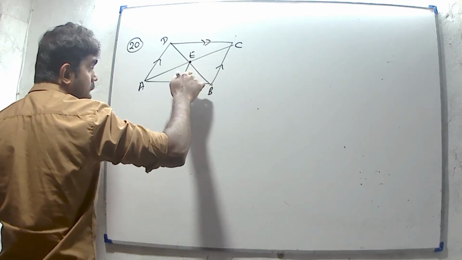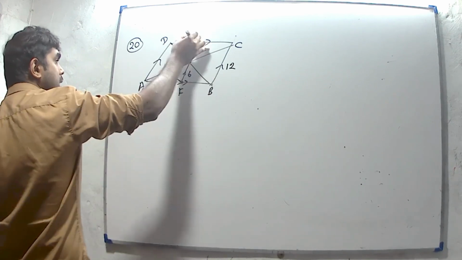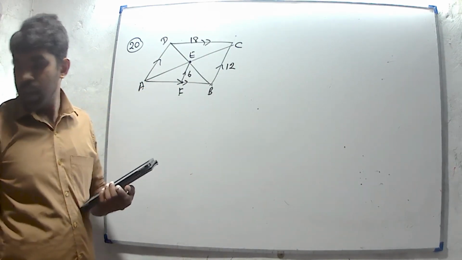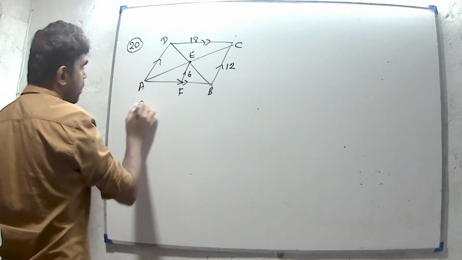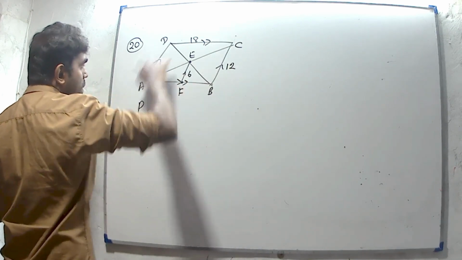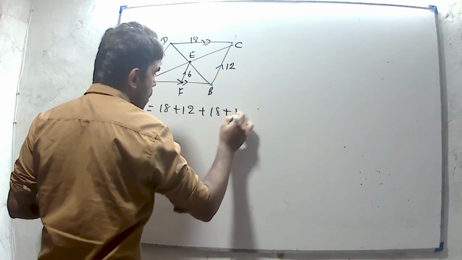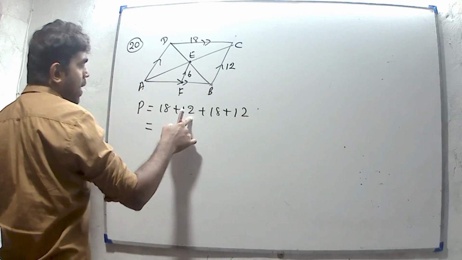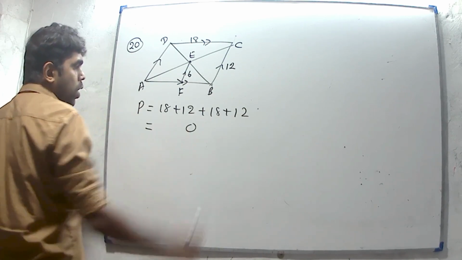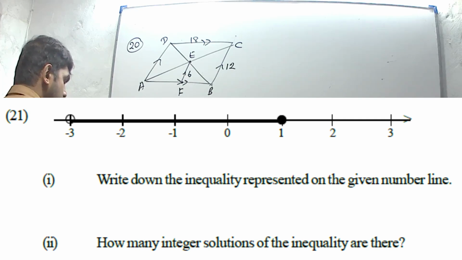Therefore, if this side is 6, this side should be 12. They have given that this length is 18. Then the perimeter of the parallelogram is 18 plus 12 plus 18 plus 12, which is 60 centimeters.